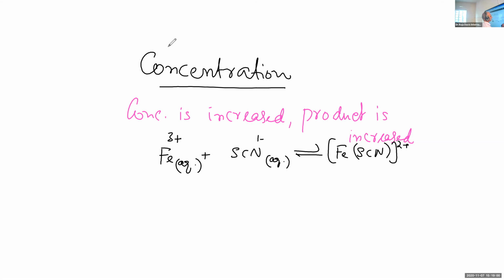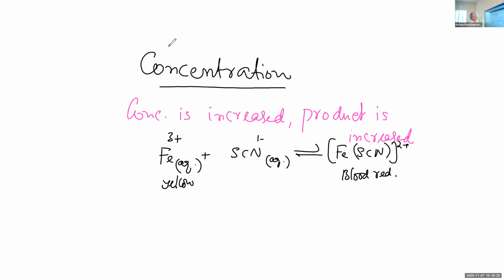And this is blood red in color, deep red or blood red in color. That FeSCN+2 complex is blood red in color, while Fe+3 aqueous is yellow or yellowish brown. Then thiocyanate, SCN-, that is colorless.